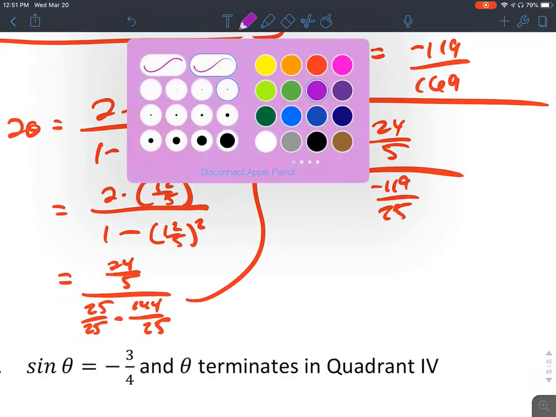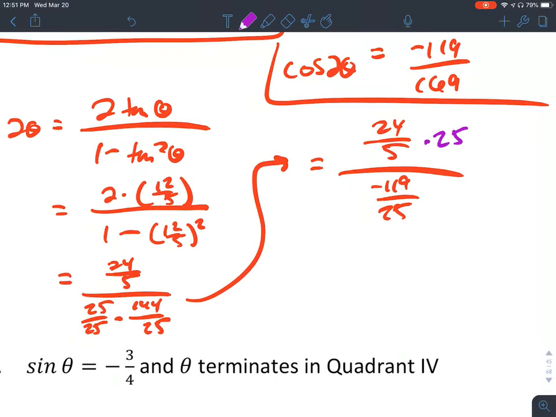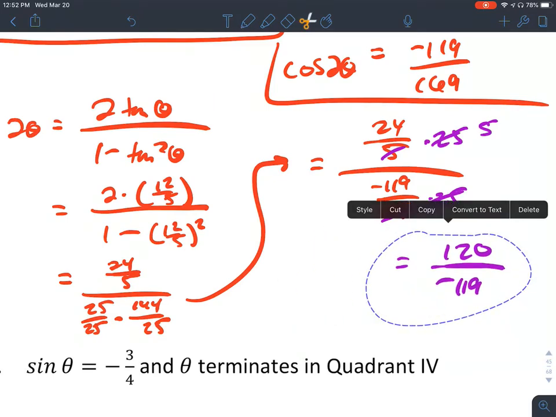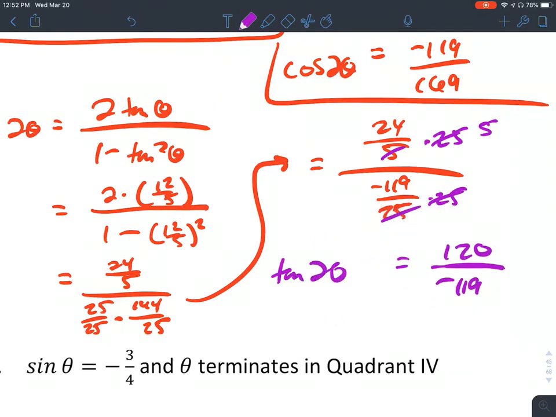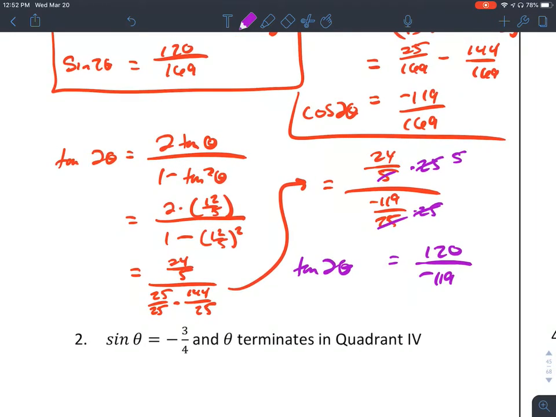To fix this, I'm going to multiply the top and bottom by 25, which is equivalent to multiplying by 1 because 25 over 25 is the same as 1. These 25s cancel. Here 5 goes into 25 5 times. So I have 24 times 5, which is 120, and then negative 119 times 1. And that gives me that tangent of 2 theta is 120 divided by negative 119.